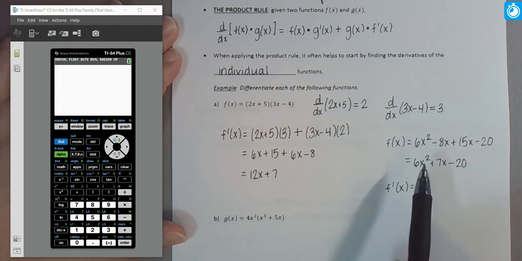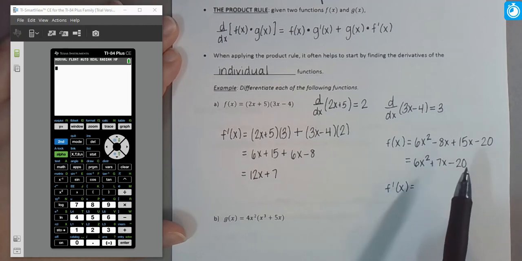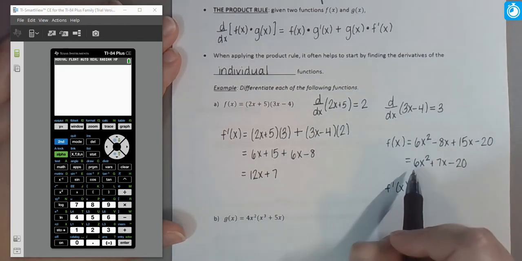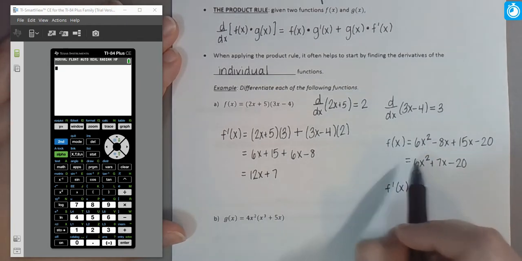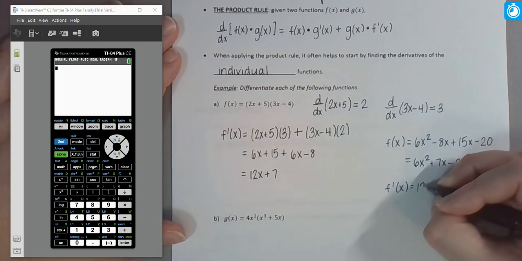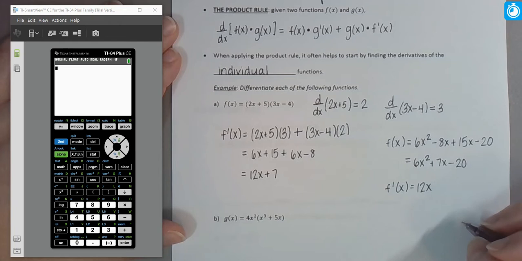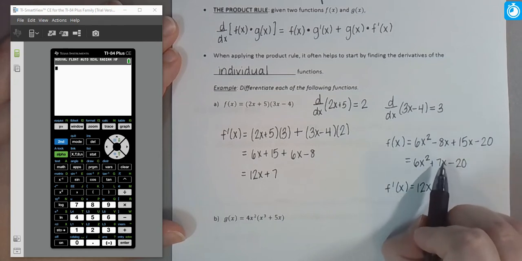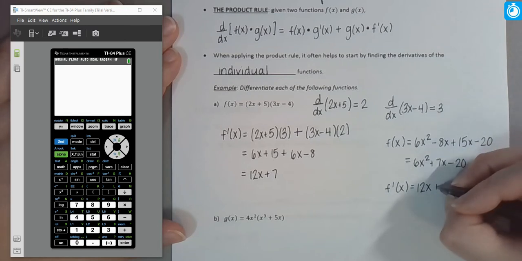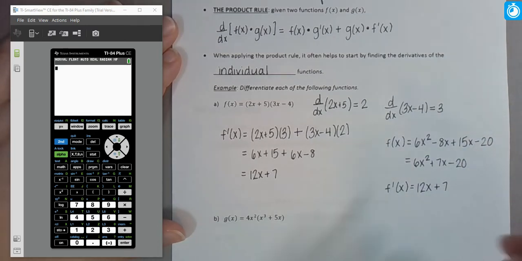So if we were to differentiate this form of the function, we can use the sum and difference rules, we can use the power rule, we can use the constant rule, and then go from there. So our first term, if we take the derivative, pull down the 2, multiply it by the 6, so that'll give us a coefficient of 12, and then decrease the exponent by 1, which will give us x to the first power. For our second term, pull down the exponent of 1, multiply it by the 7, so we get a positive 7.